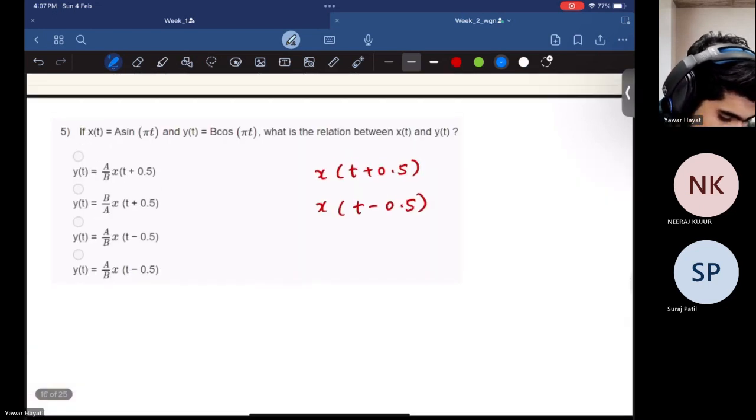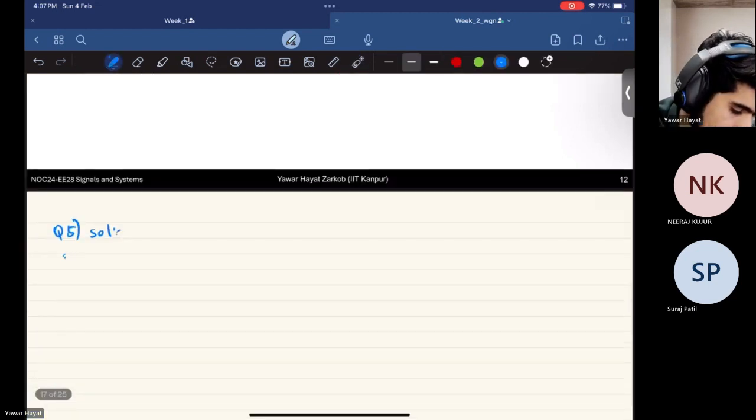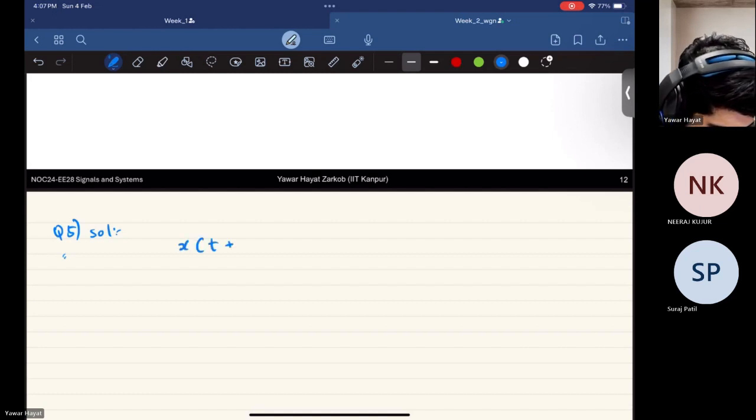Let me first evaluate x of t plus 0.5 and x of t minus 0.5.